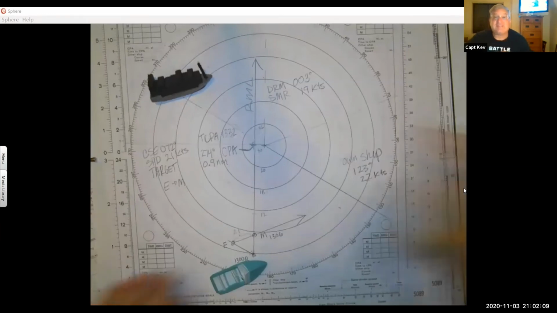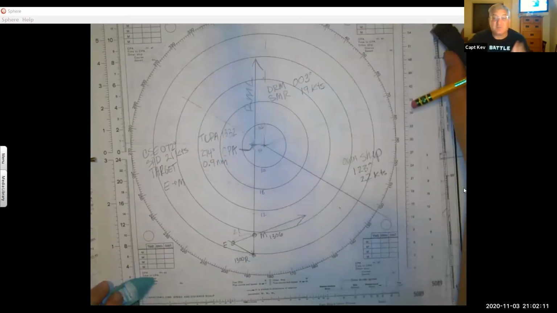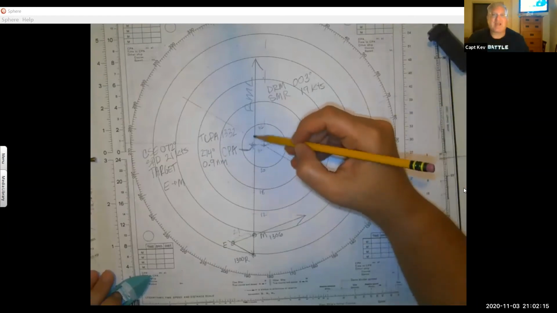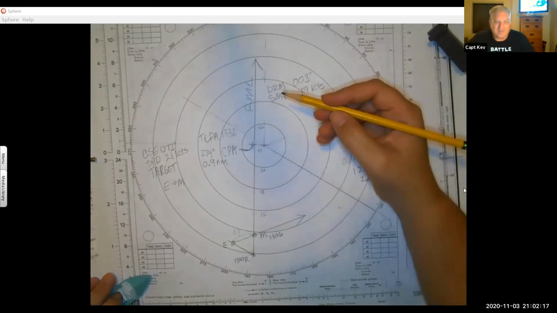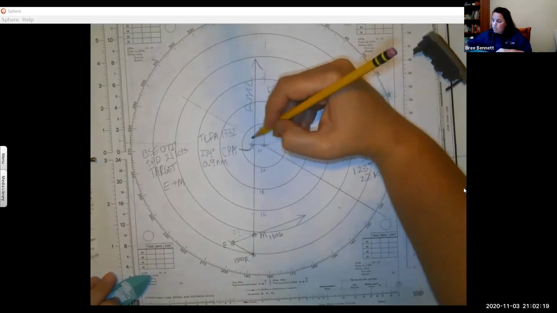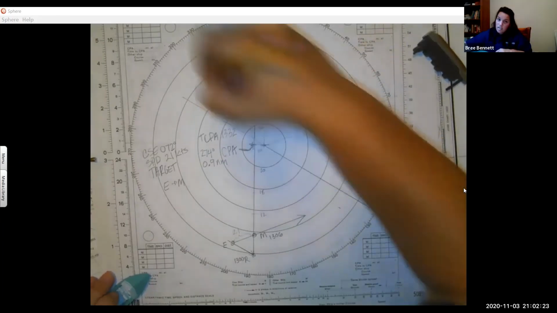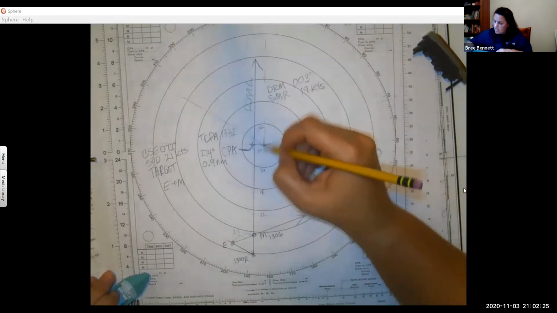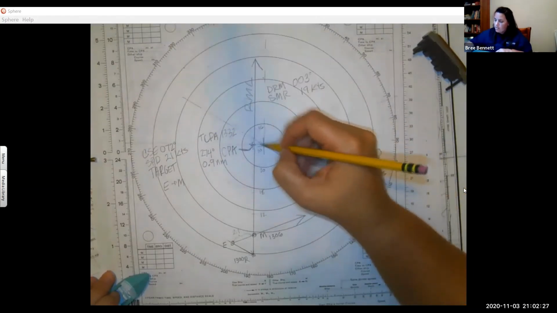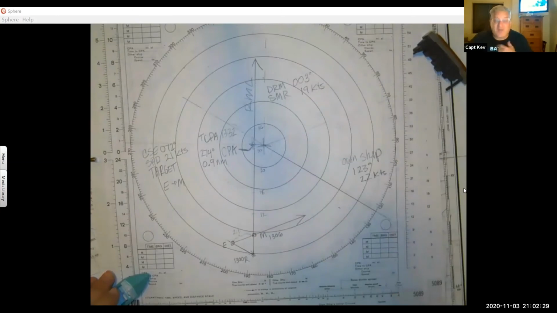Okay. And so that's how you ascertained it was passing your stern, not your bow, because of the proximity of that. It was because the relative motion line was on the aft side of the center. This is the center of the scope. I know it's so close. No, now it makes sense. I got it now. Okay. Cool.